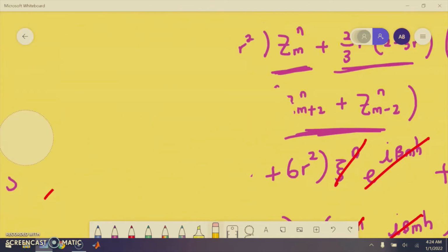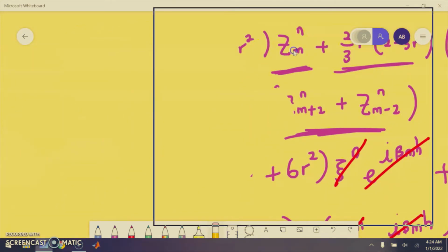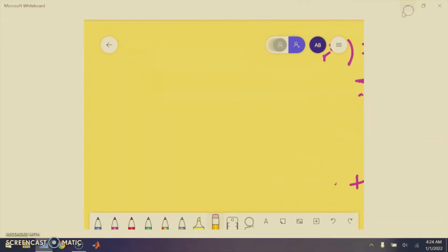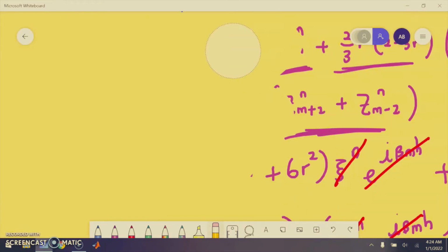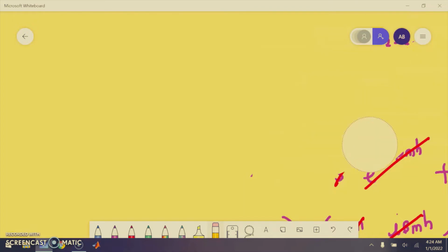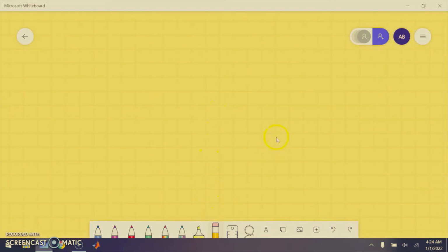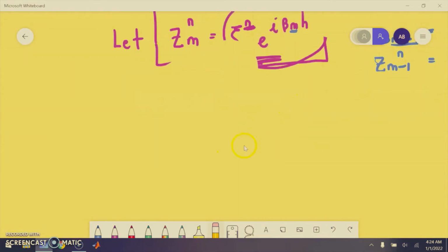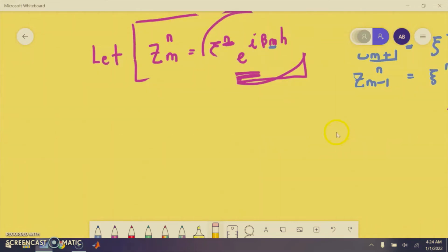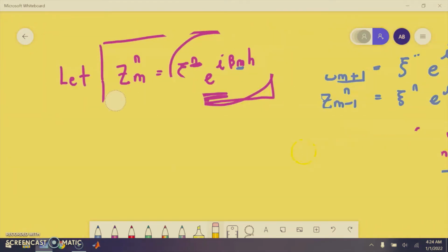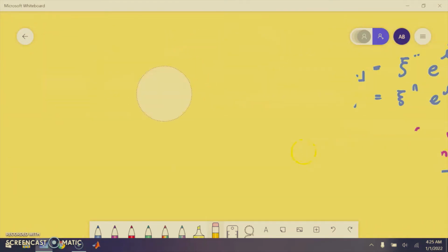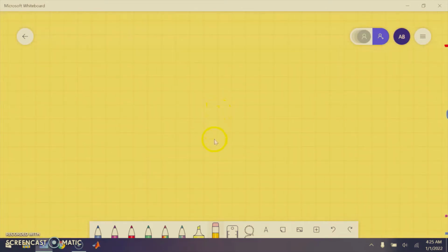Okay, let me just clear the whiteboard before anything else. Okay, now we have enough room to write. Let's remove this one too. Okay, looks like I just wasted a few minutes of my recording.